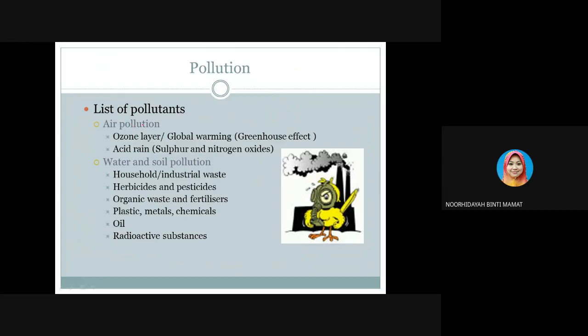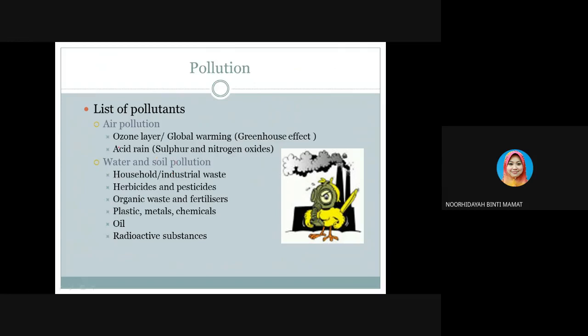For example, poisoning of wildlife is used as an indicator of risk to humans. There are many possible pollutants affecting the air, and also many possible pollutants affecting the water and the soil.